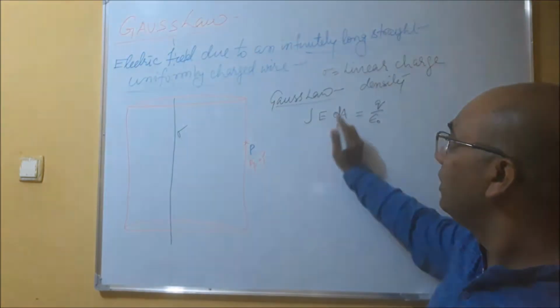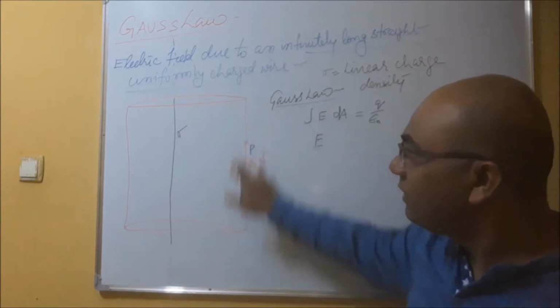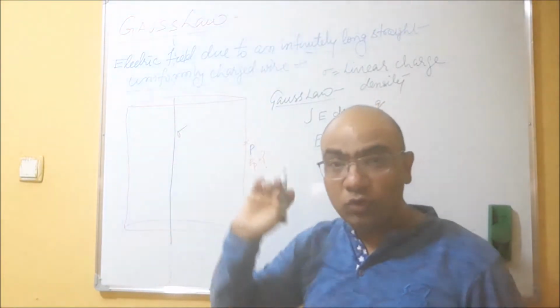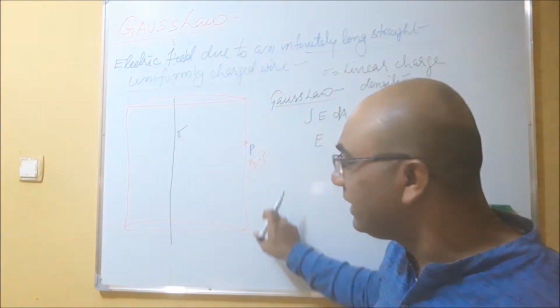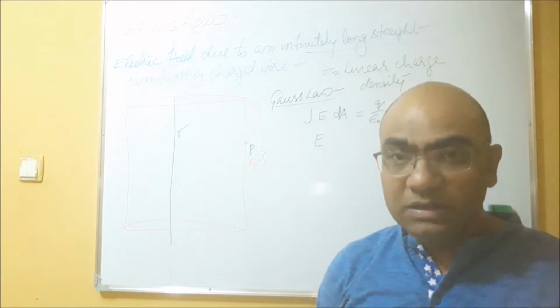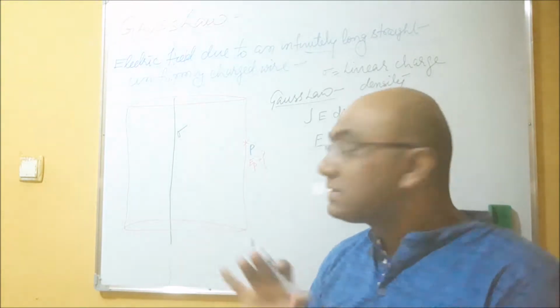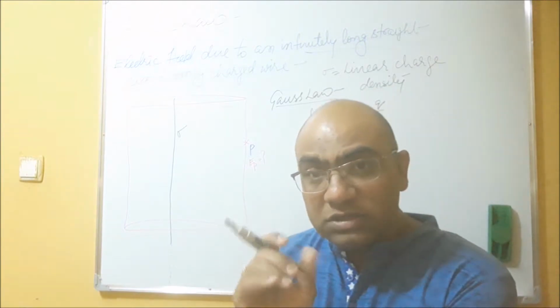So you see, E is constant everywhere because this is a cylinder, and at every point of this cylinder we have the same value of E. This is the quality of this cylindrical surface, which is assumed as a Gaussian surface.